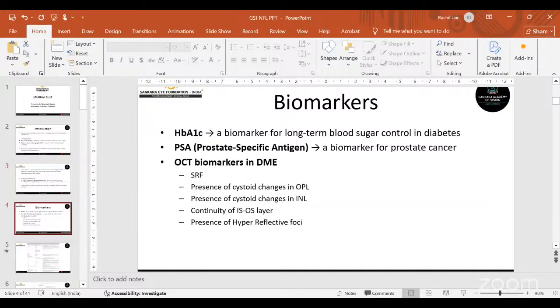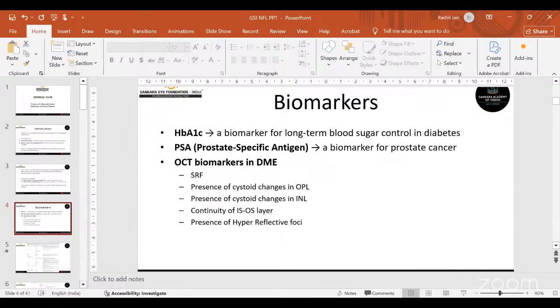So, what are biomarkers? Biomarkers are biological markers, measurable indicators of a biological state or condition. A few commonly known biomarkers are HbA1c, a biomarker for long-term blood sugar control, and prostate-specific antigen, a biomarker for prostate cancer.